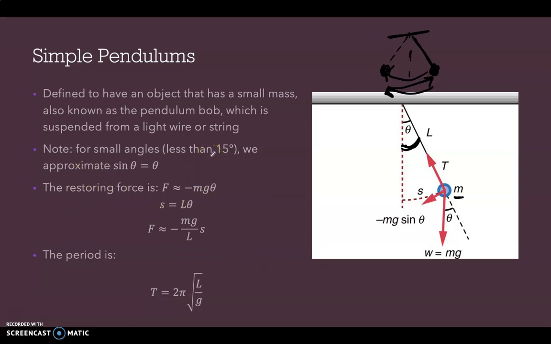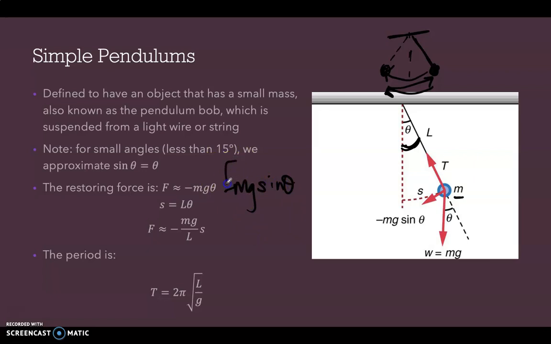We need to note that when we're going through this, there is some kind of restoring force. Remember, a while back in this PowerPoint, we talked about restoring forces. This is typically mg times, let's see, I think it was sine theta? Yeah, sine theta.